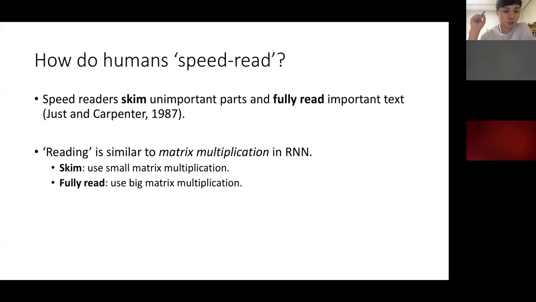If you think about reading, the RNN's recurrent update is quite similar to reading, the recurrent update being the matrix multiplication here. So we can define skimming as using a smaller matrix multiplication and fully reading as using a big matrix multiplication. If the model can switch between skimming and fully reading as needed, then we can have a skimming ability similar to human readers.